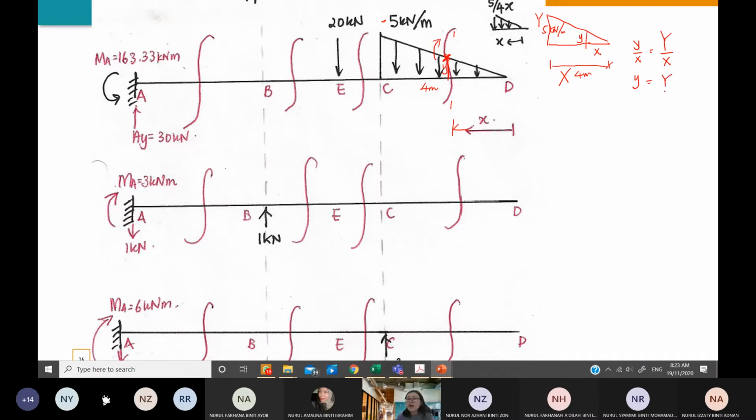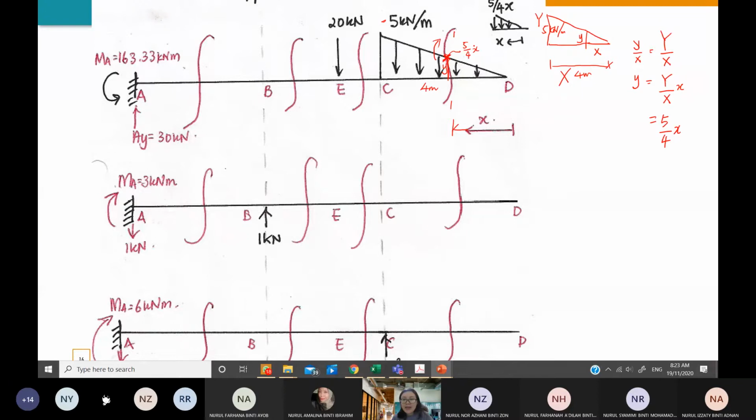It will be y equals big Y times x over big X. Big Y is 5 and big X is 4, so the height of this triangular load is actually 5 over 4 x.